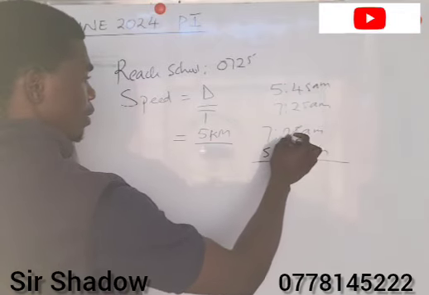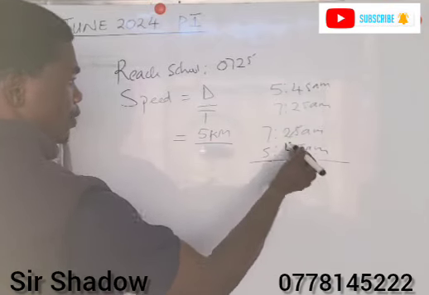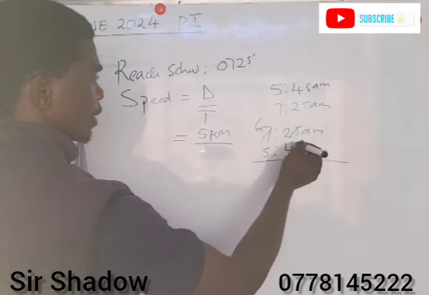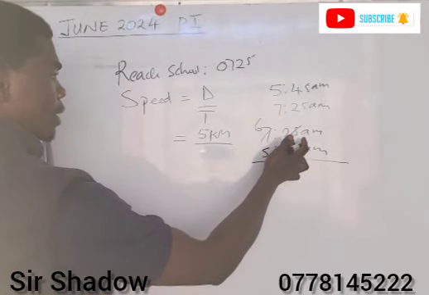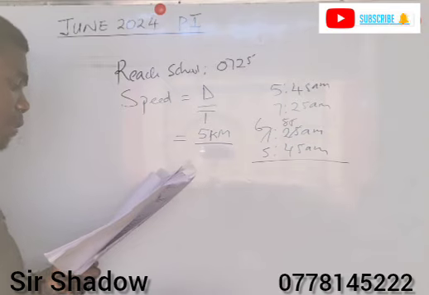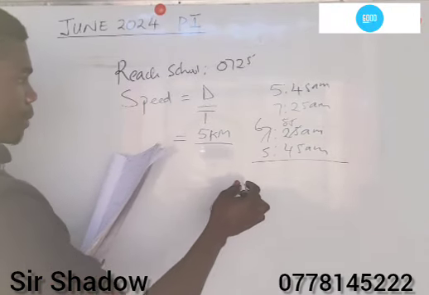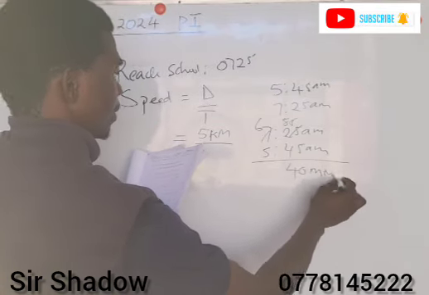So 25 minus 45 is not possible, so we borrow 1 hour: 7 becomes 6, and 25 becomes 85 minutes. Then 85 minus 45 is 40 minutes.